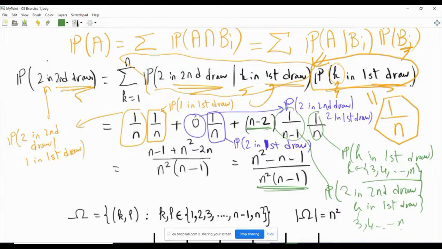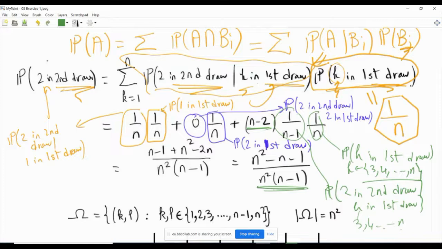Again, having 2 in the second row is not that straightforward, because the contents of our urn will depend on what has happened at the first step. It may contain n balls, or it may contain a ball carrying the number 2 and have a total of n-1 balls. So things depend on what happened in the first row.